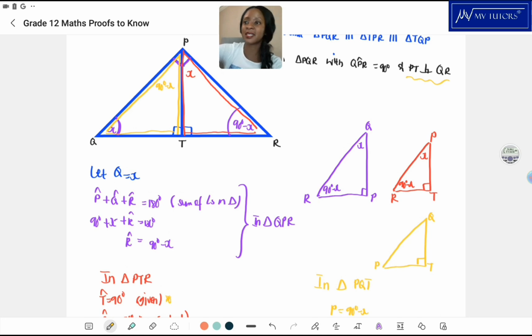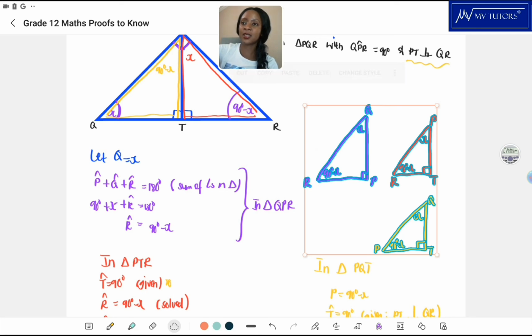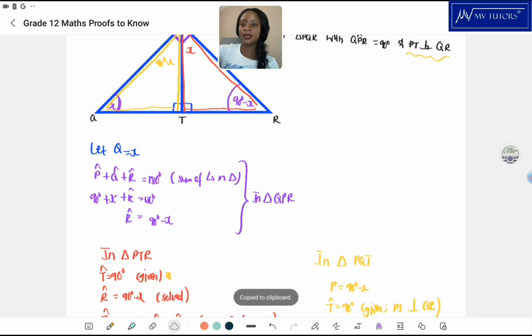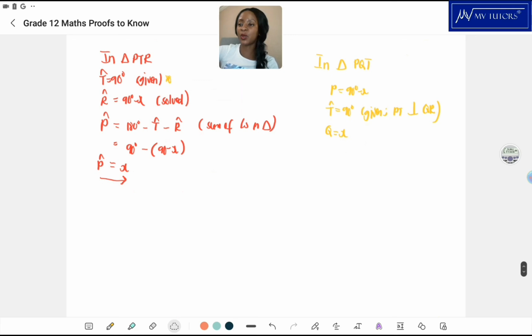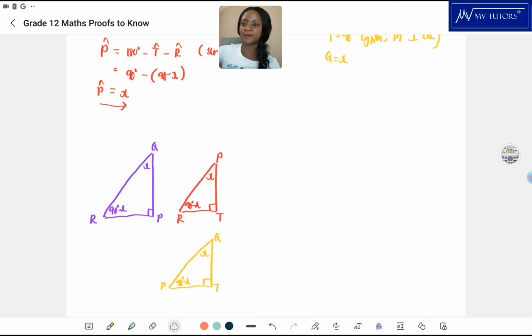So T is 90 degrees, P is 90 minus X, and Q is X. Whew. Okay, so now with all of this, something must give. I can actually cut this, and we can put it somewhere below and then conclude and be done with these theorems.